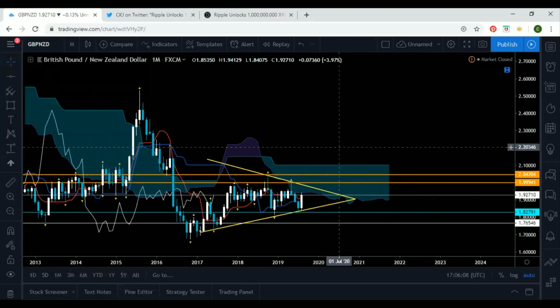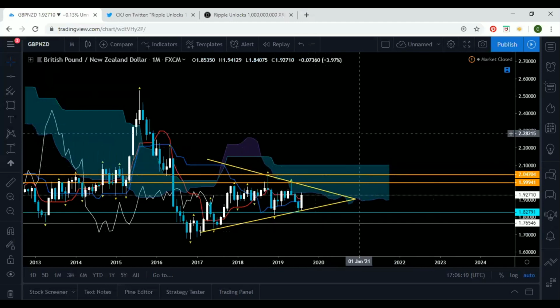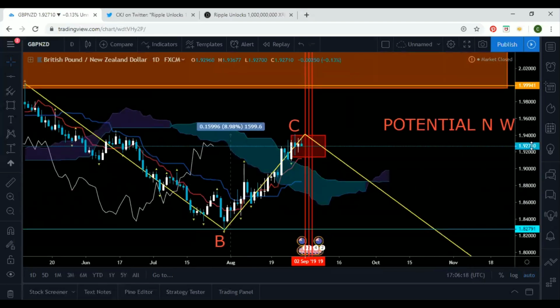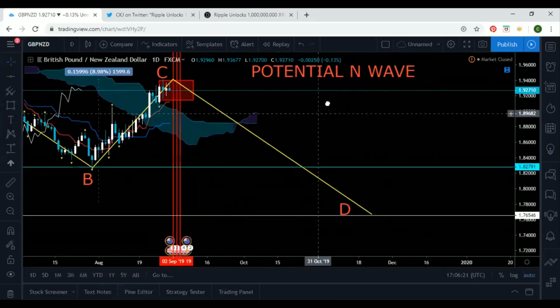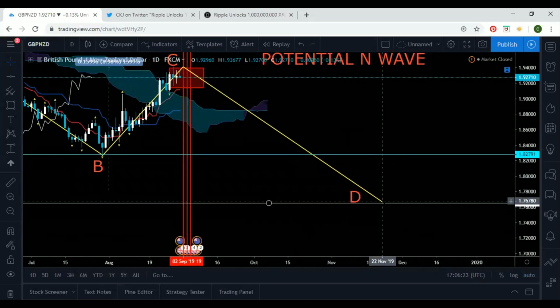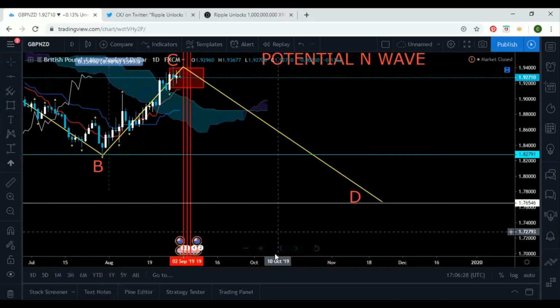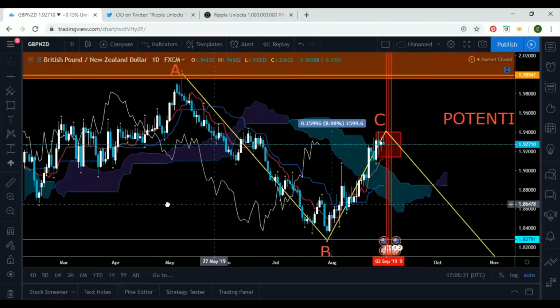But if it does, that's my scenarios for both a bullish and a bearish market. So that being said, let me show you the take profit zone for completing the N wave. If we do complete the N wave, it would be down here at 1.7654.